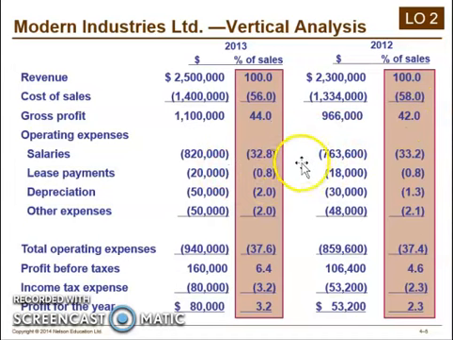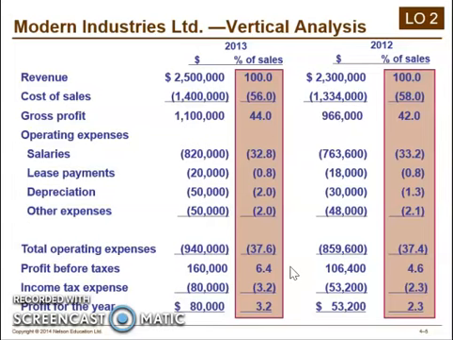So in 2012, we only had a 42% gross profit. We can do the same by looking at each of our operating expenses, down to our total operating expenses, down to our profit before tax. For example here, 160,000 divided by 2.5 million gives us 6.4%. So our profit before tax represents 6.4% of our revenue or of our sales. And our profit for the year, we have 3.2%. So 80,000 divided by 2.5 million.